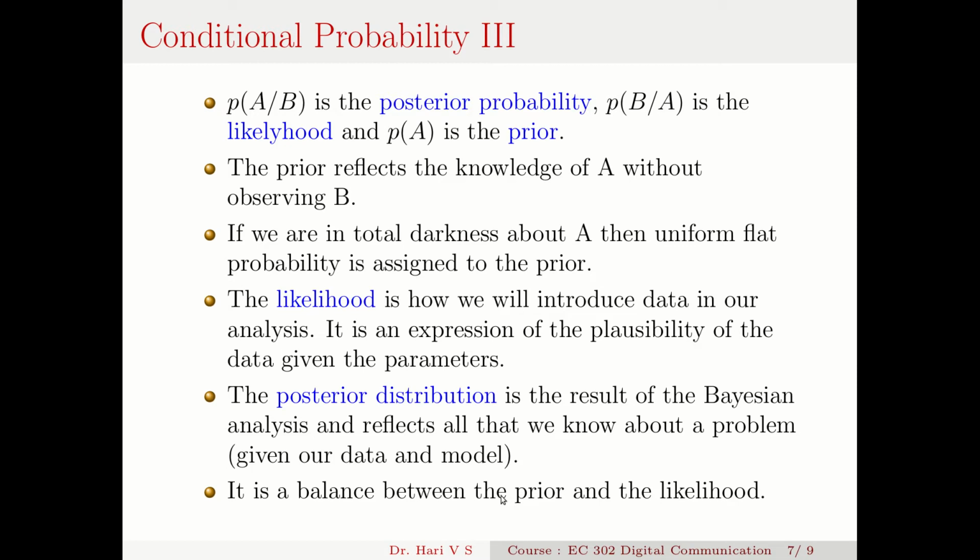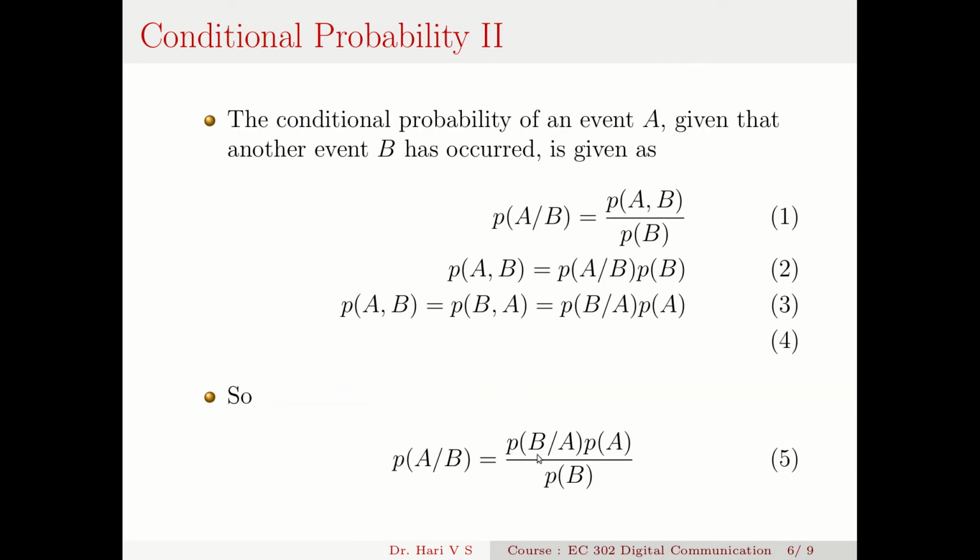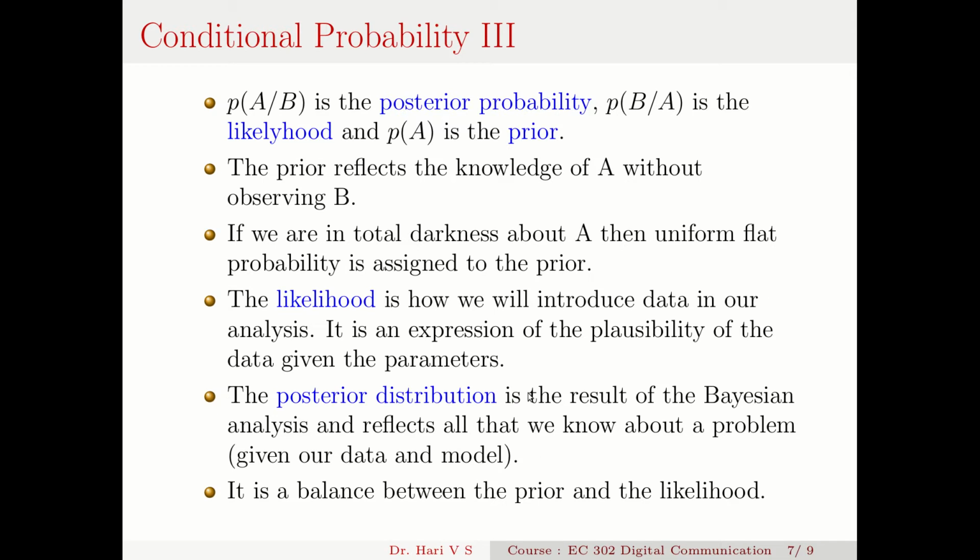The likelihood function, P(B given A), is how we introduce data or observation into our analysis. It is an expression of the plausibility of the data given the parameter. How correct is that noisy version, or noisy observation, given the parameters?